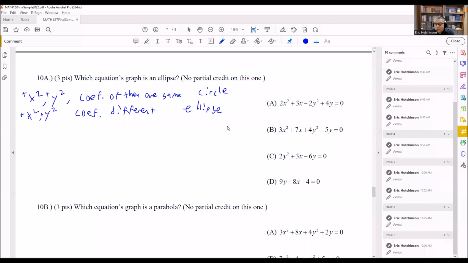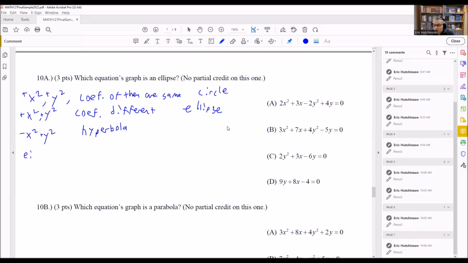Okay, now if you have an x squared and a y squared, and you have maybe something like this, plus and minus. Okay, so if you have a minus plus or plus minus, if these are opposite signs like you have there, that means that you have a hyperbola here. Hyperbola. And then if you have only, so yeah, I'll write it this way.